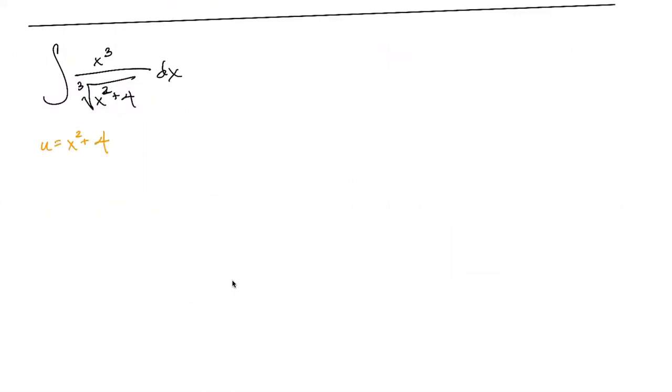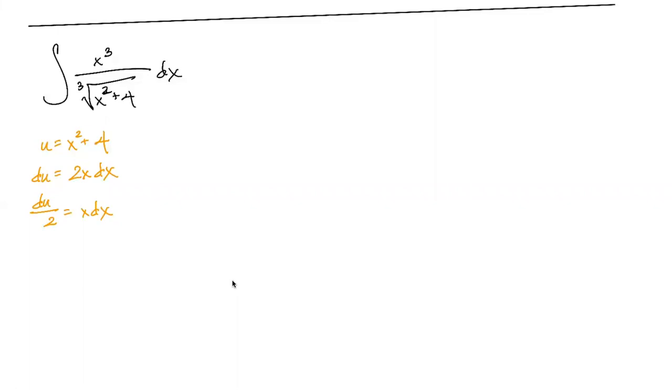So if u is x squared plus 4, then we're going to end up with a du of 2x dx, or du over 2 equals x dx. So this is a little bit more traditional feel.